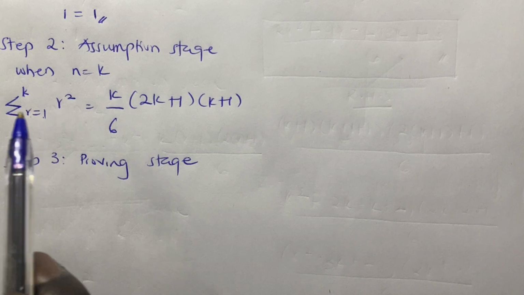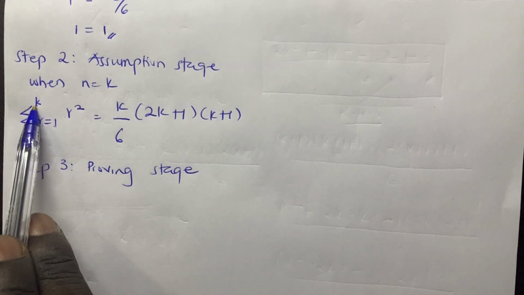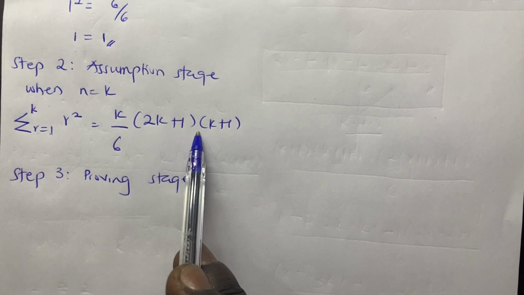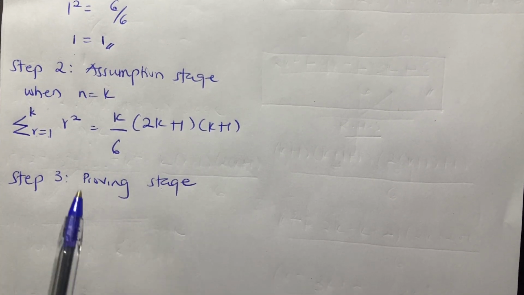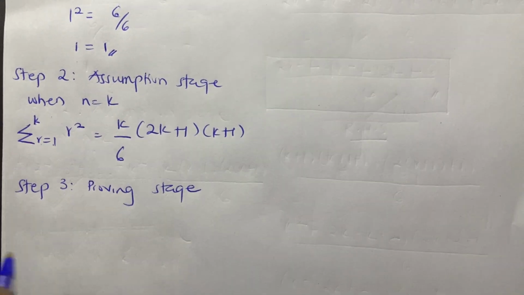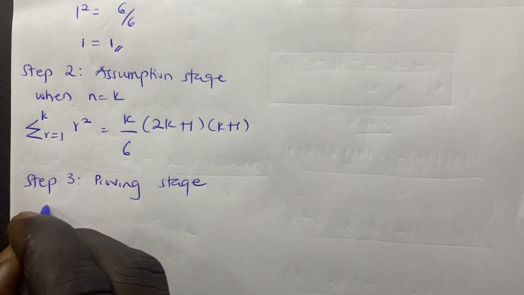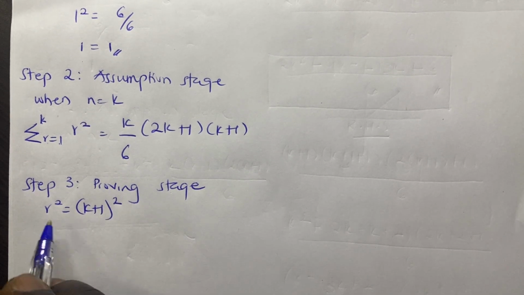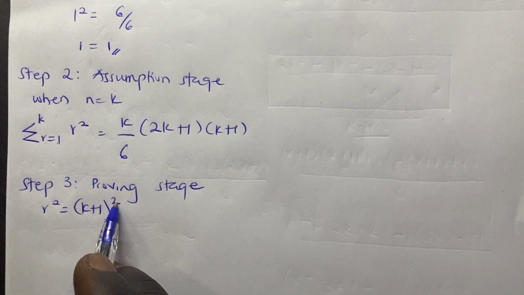So now we are going from when r starts from 1 and gets to k plus 1 instead, and what we get is what we would prove here, right? So this time around we are going to change r to k plus 1 instead. So when we change r to k plus 1, we are going to get r squared is equal to k plus 1 all squared, because r is squared, the k plus 1 has to be squared.